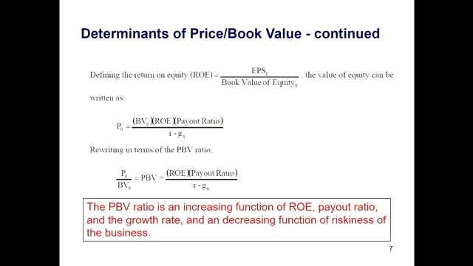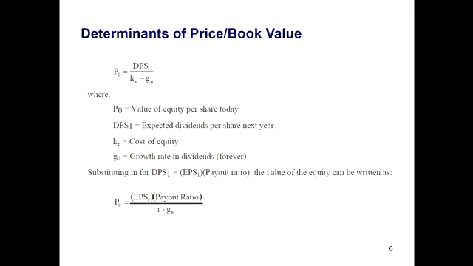So by playing with the formula a little bit, assuming a very long-term investment horizon, we take a very long-term view of the company, and we assume the company is in a stable growth state, with a constant growth rate of dividends, and it's a mature industry.